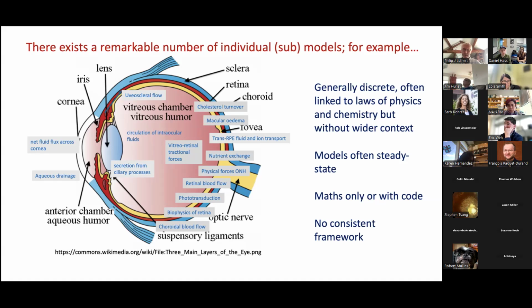Sometimes the only thing that's published is the maths, sometimes there's code as well. Sometimes I can't get the code to work, sometimes I can. But we don't have a consistent framework, and it would be fair to say that very, very few of the published models adhere to the kind of physiome frameworks that I alluded to at the beginning.